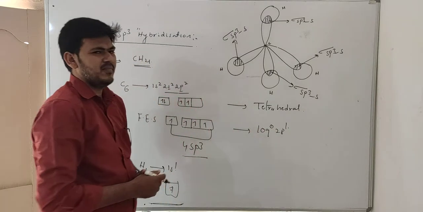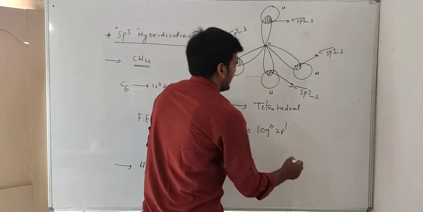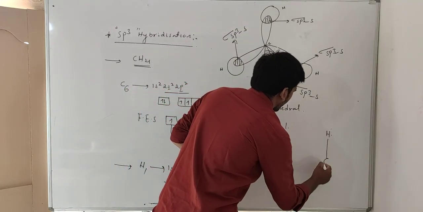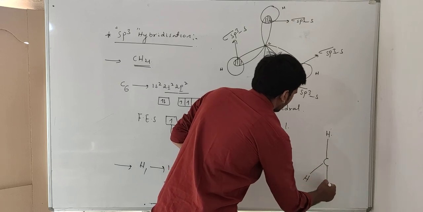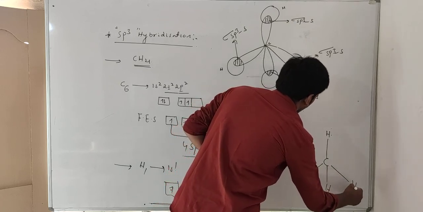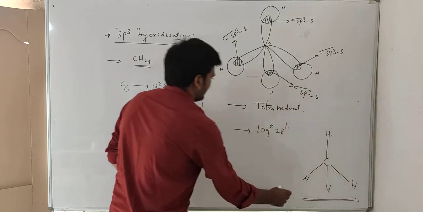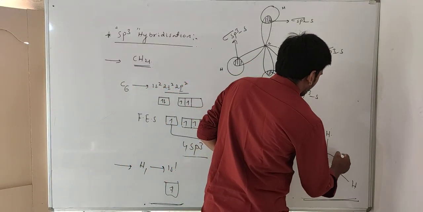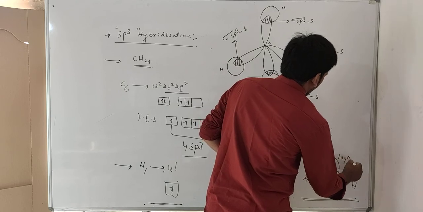In the final structure of methane, the central atom is carbon with the remaining 4 hydrogen atoms around it. This is the methane structure CH4, and the bond angle is 109 degrees 28 minutes.